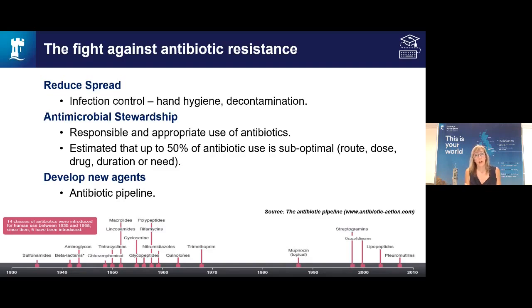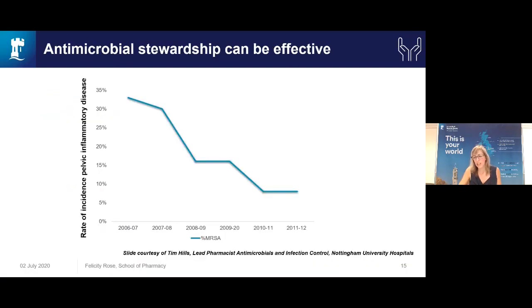And of course, we can develop new antibiotics so that as bacteria become resistant to current and older antibiotics, we have new ones that we can use that will be effective. And we can see in this graph how effective an antimicrobial stewardship programme can be.